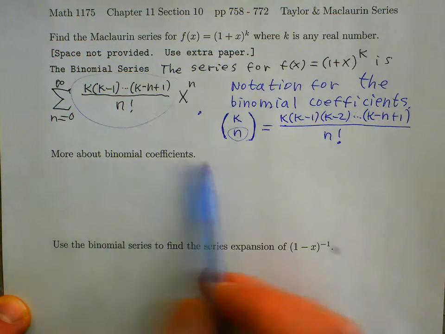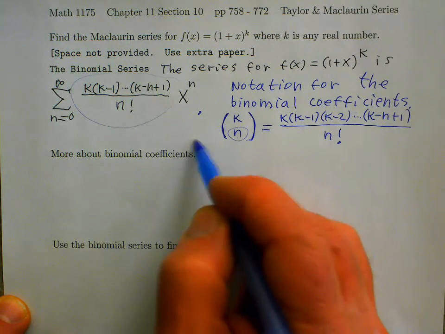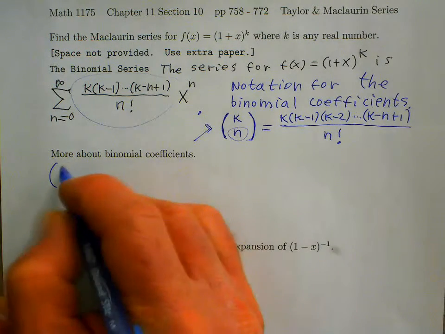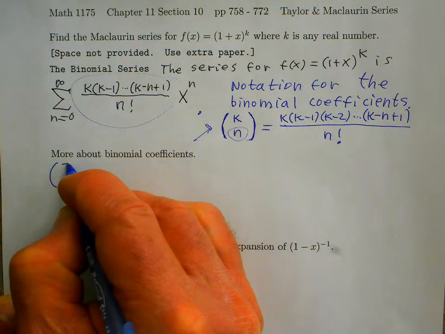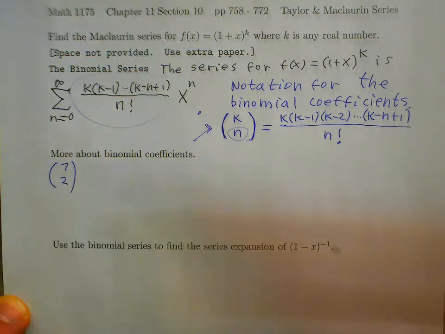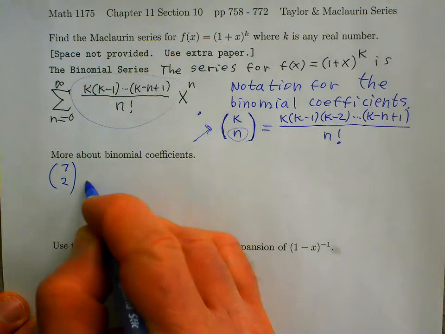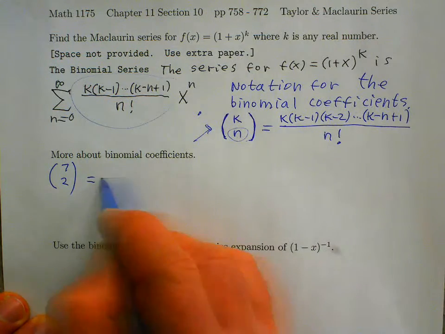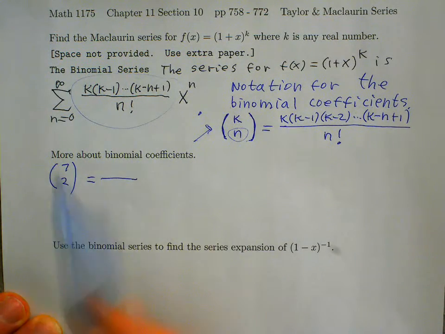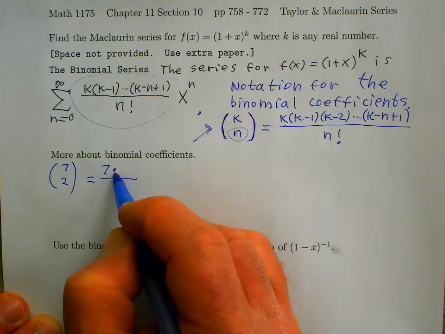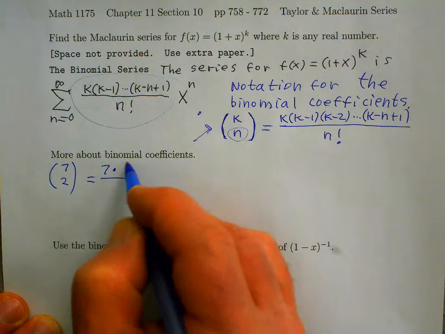So here's a little bit more about the binomial coefficients. What would we get if we have 7 choose 2? What does that look like? Well, in the numerator, we start with 7, and then we multiply 7 by the next integer less than 7, which is 6.